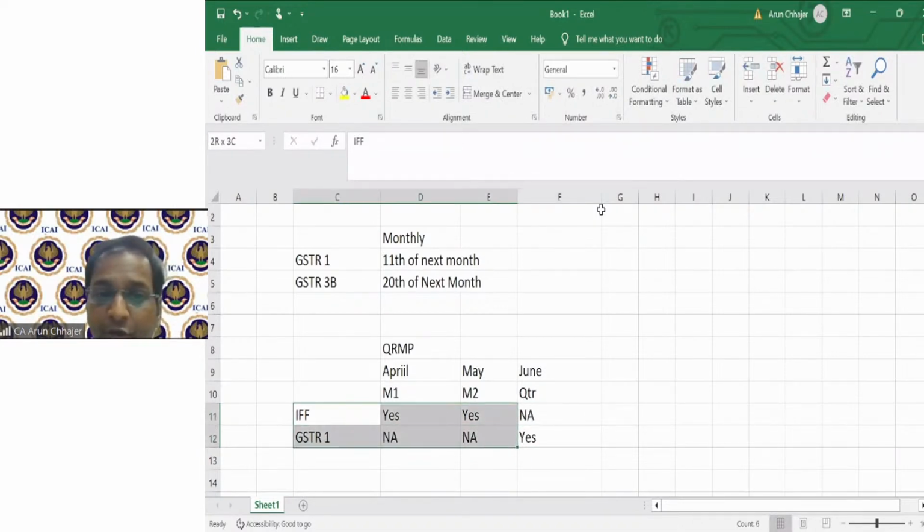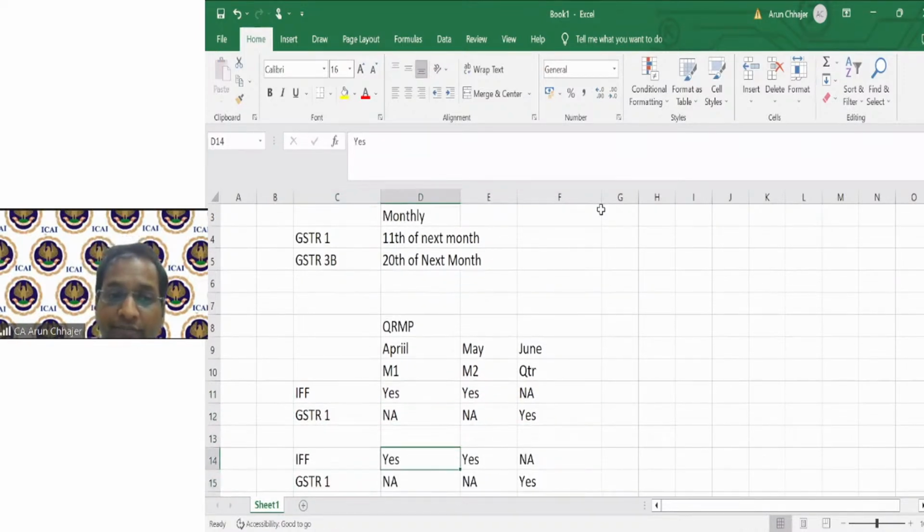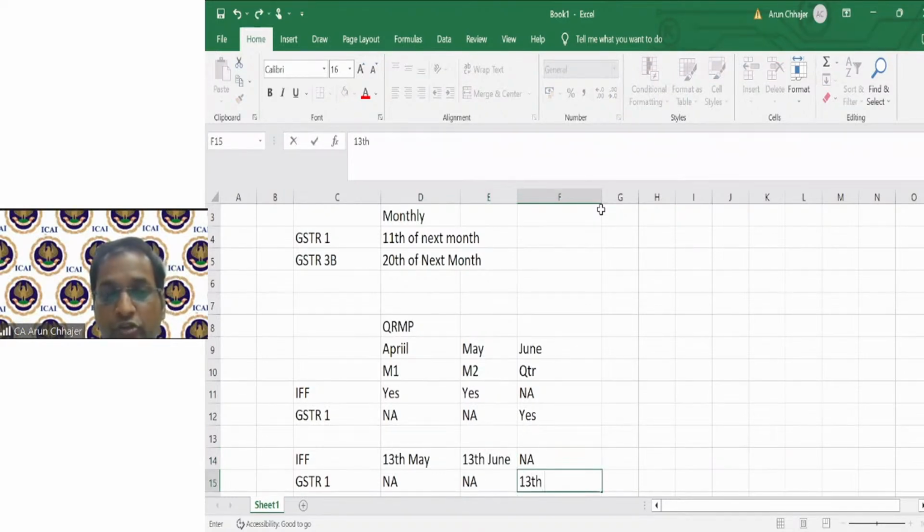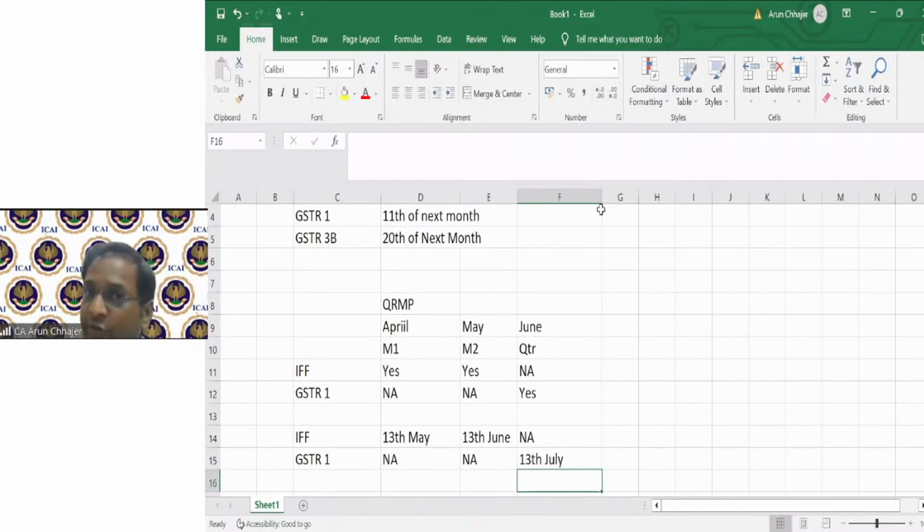Now let me talk about the due date. The due date remains same. 13th of May, 13th of June, and 13th of July. The due date would always be the same, 13th after the end of the month, whether it is IFF or quarter.